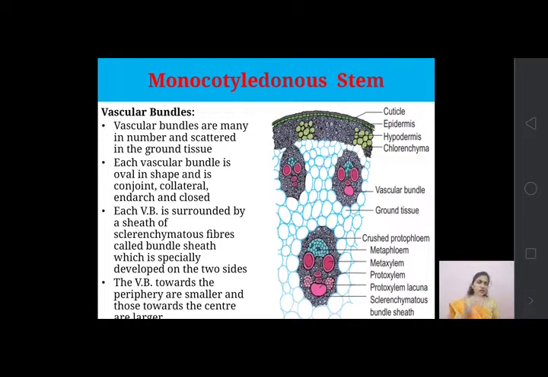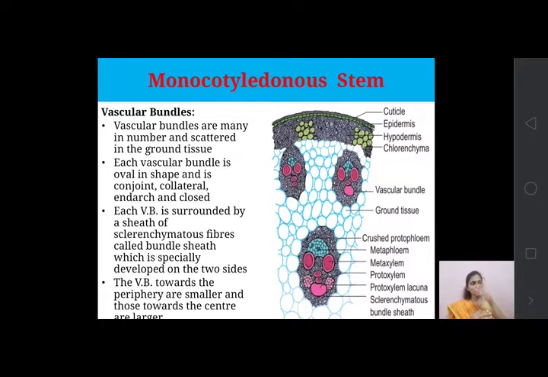Each vascular bundle, as I have said earlier, is surrounded by a sheath which is made up of sclerenchymatous fibers or sclerenchymatous cells. This sheath is known as the bundle sheath, which is specially developed on the two sides, that is, on the upper side and on the lower side.